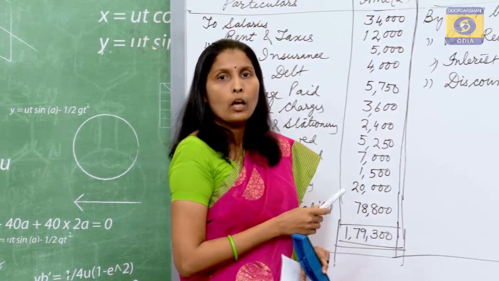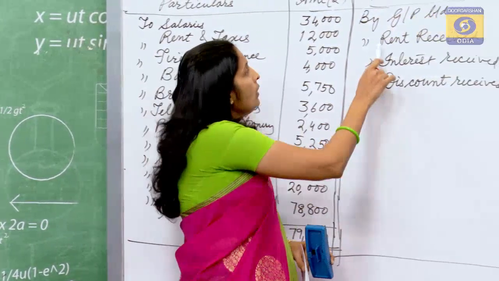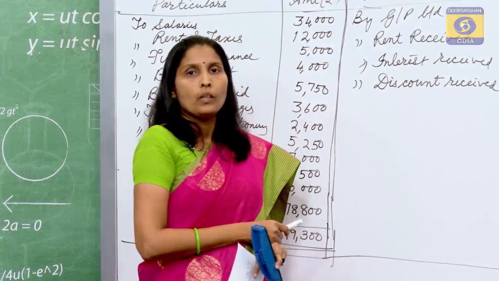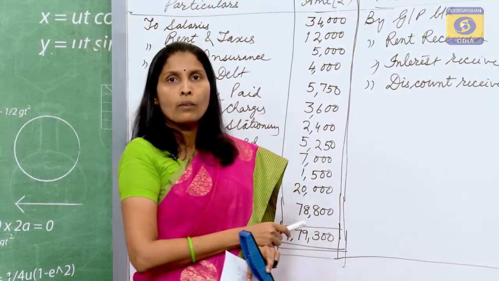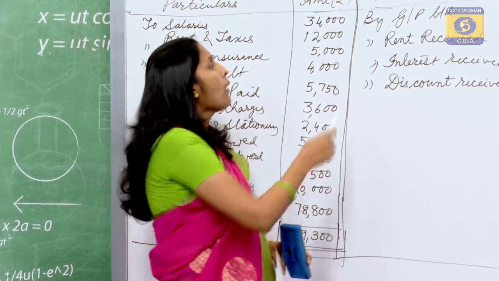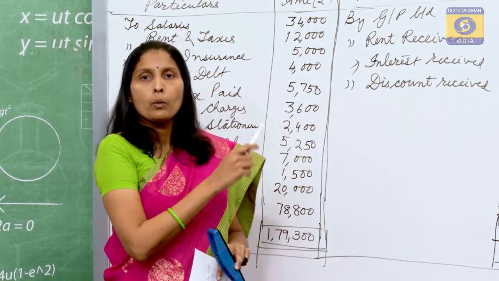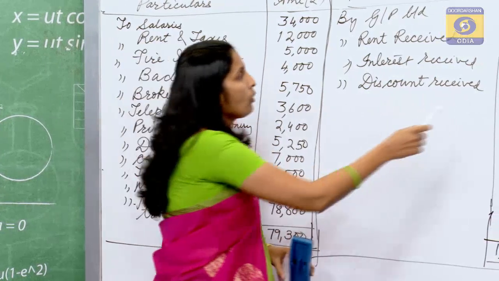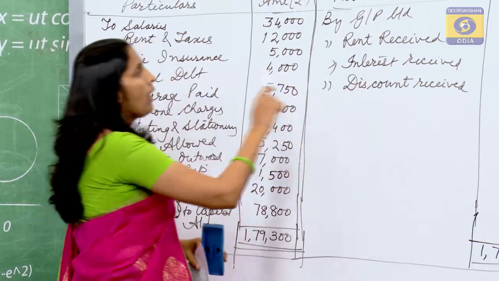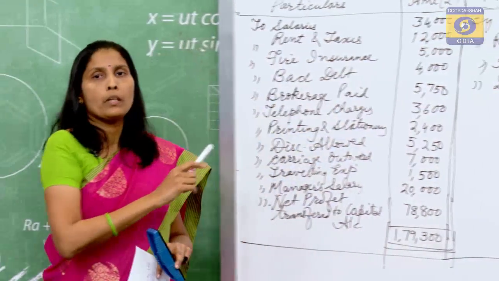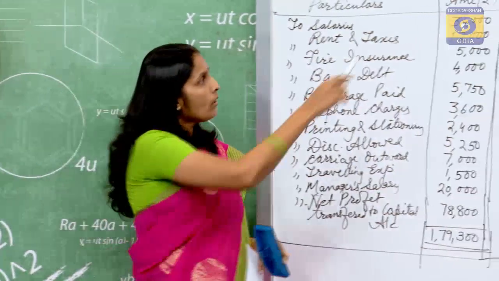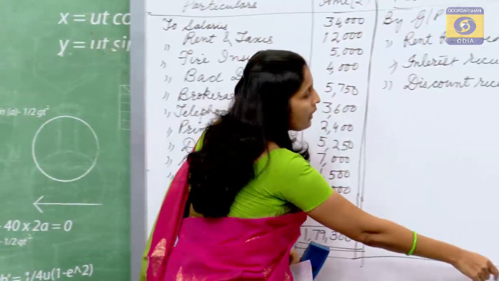So in the question we have been provided with the income, that is rent received amount 17,500. We have also been provided with interest received 7,700. We have been provided with discount received 4,100. After we have debited and credited the respective items, the next thing we did was the totaling of the credit side.